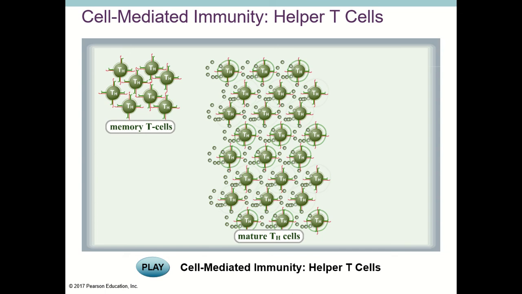Once that happens, interleukin 1, a certain kind of cytokine or signaling immune molecule, is going to activate the clonal selection and the proliferation of these cells to produce, again, the two types: memory cells and mature T cells.